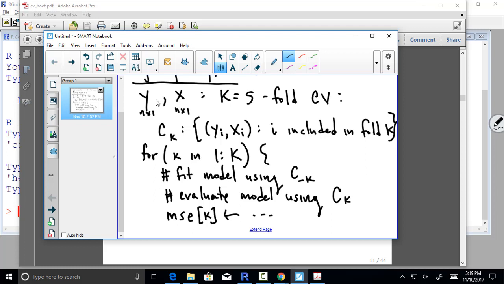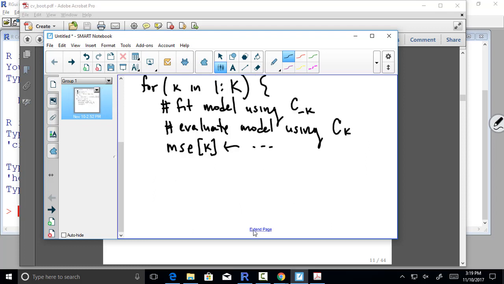This is a loop over k iterations. If k is 5, we're going to have 5 mean squared errors. At the end of this loop, we have capital K mean squared errors.